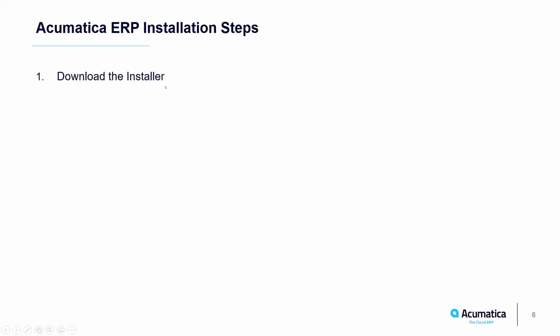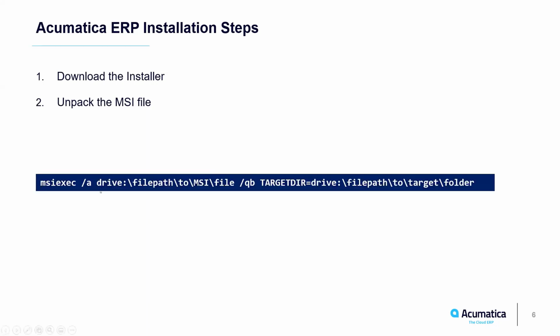Then, instead of actually installing the Acumatica configuration wizard on our system, as we usually do when installing it manually, we will unpack the installer using a Windows built-in tool, the so-called msiexec tool, and the syntax you see here.